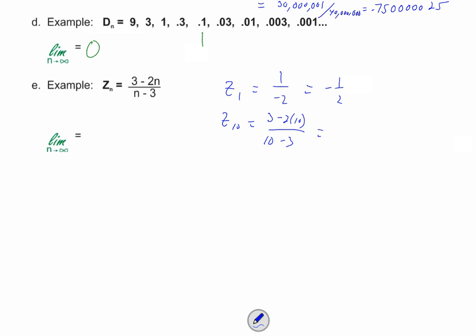So negative 17 is the top, and the bottom is 7. We better turn this to a decimal. Somebody divide negative 17 by 7 and raise your hand and tell me. Looking for people that haven't contributed. Come on, folks, contribute. Madison, nice and loud for me.